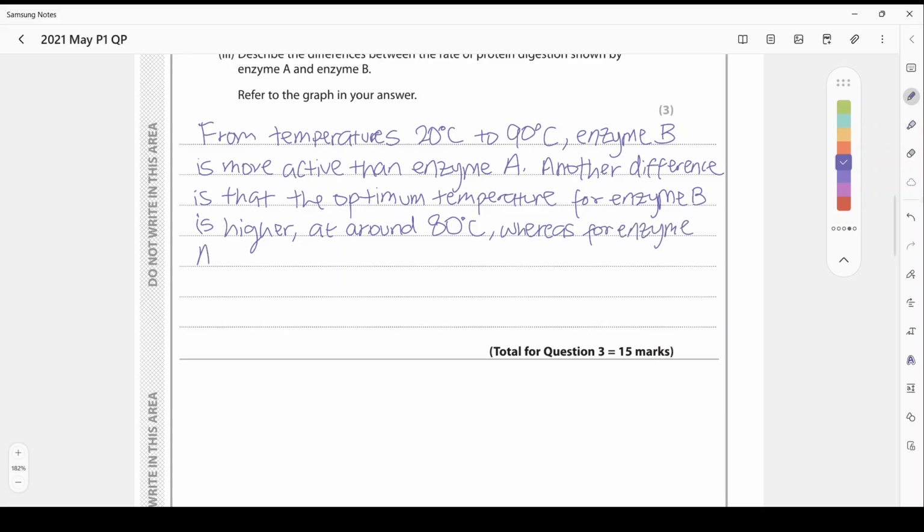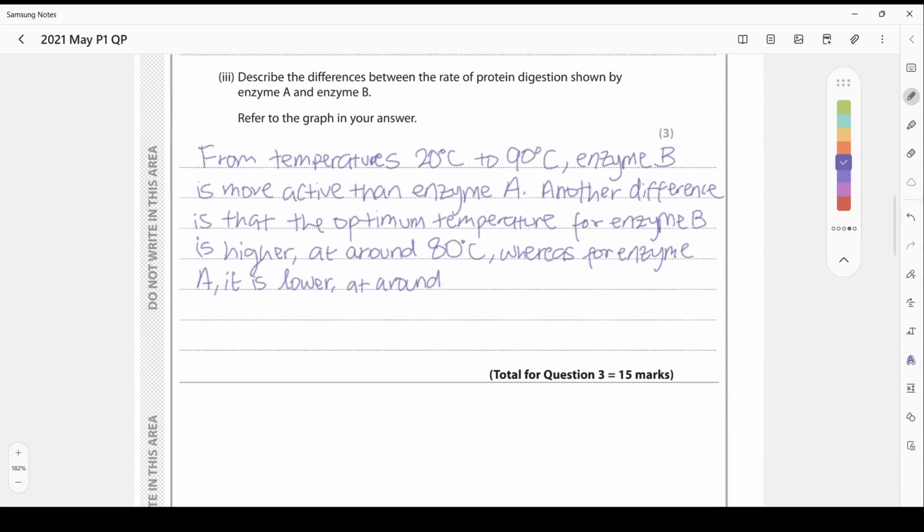Whereas for enzyme A, at around 60 degrees.